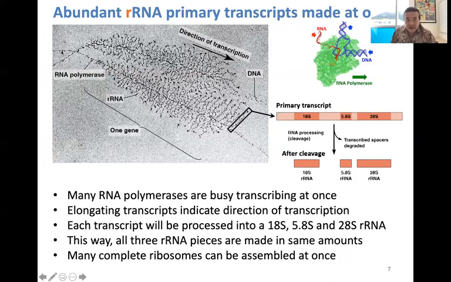Okay. So what we see here is wonderful evidence of just how much of these rRNAs are made. Here is a strand of DNA. So the big dotted line that goes all the way through here, there's one here, and there's one that comes up over here. That's the DNA. This is a region of these rRNA coding sites. On it, you can make out all these little black dots.